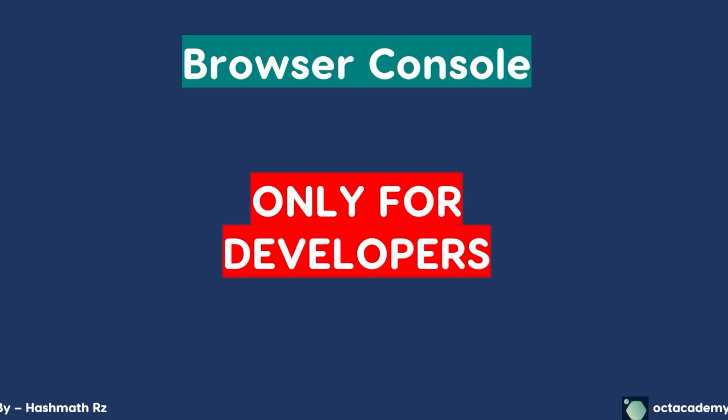If you can remember, in our first lesson, we showed a message using the alert message, right? So we will use this method to show an alert to the end user, and we will not use the console.log method to show a welcome message to the user. So hope you guys got the idea.